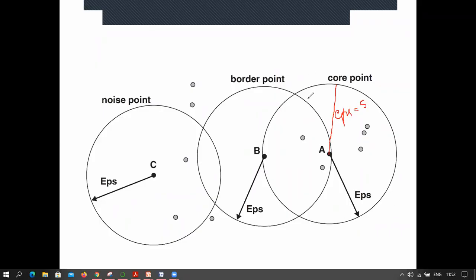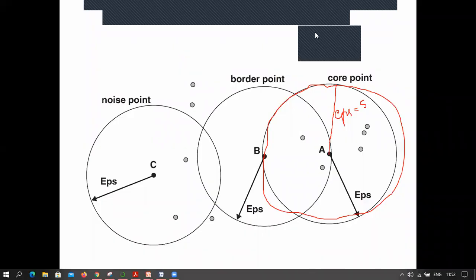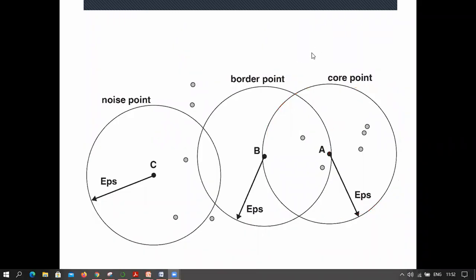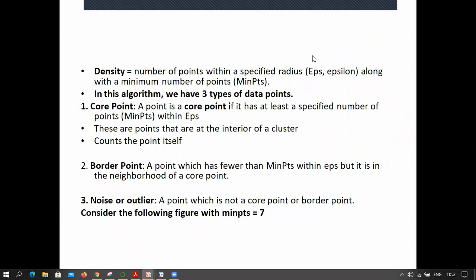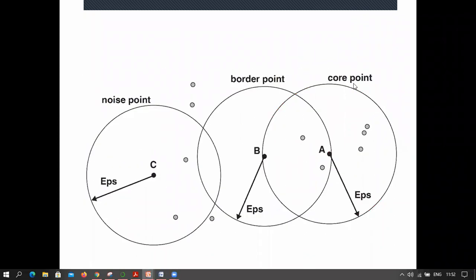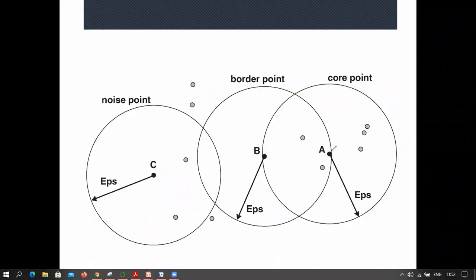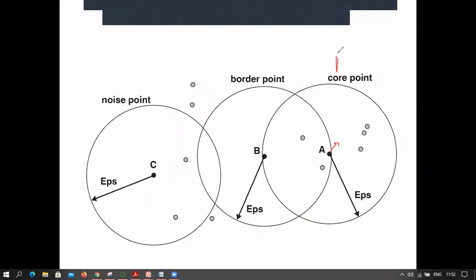So I'm drawing one circle. Count the number of points within that, including this one, 1, 2, 3, 4, 5, 6, and there is one more, 7. What was the minimum number of points we had set? That was 7 only. So within this circle, exactly 7 points are coming. So I can say A is the core point.